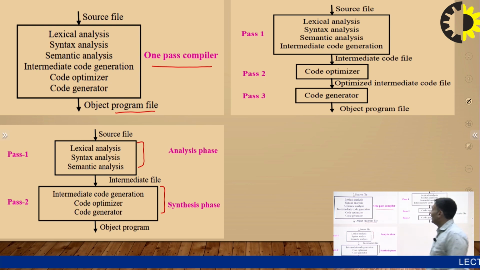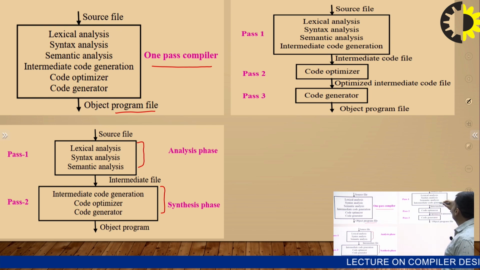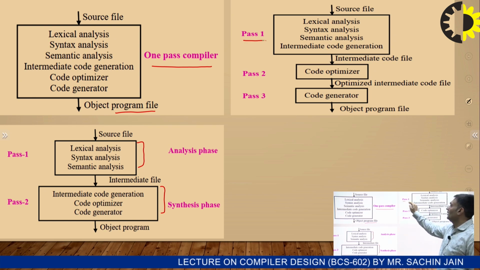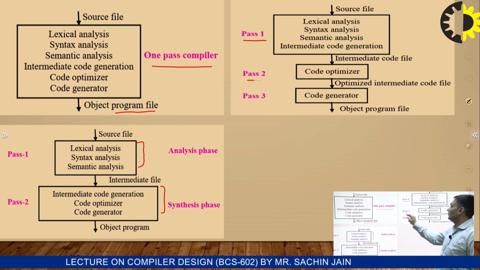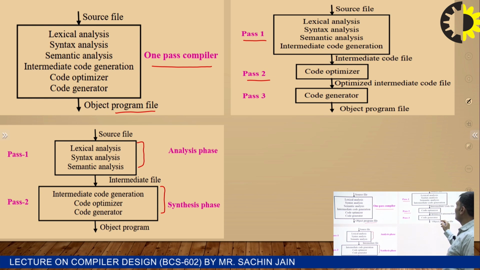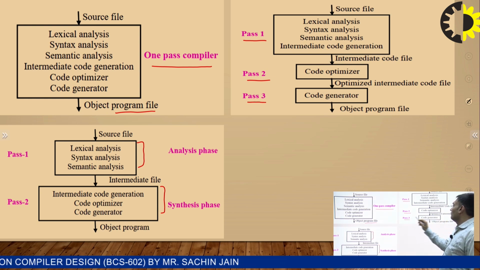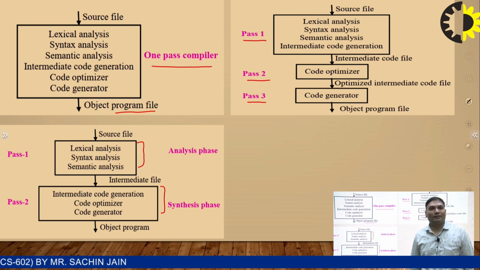And if we combine phases like this, the first 4 phases into a single pass, then the code optimizer as a second pass, and the code generator as a third pass, this type of model is called a 3-pass compiler.